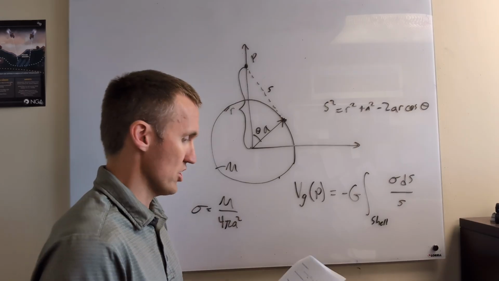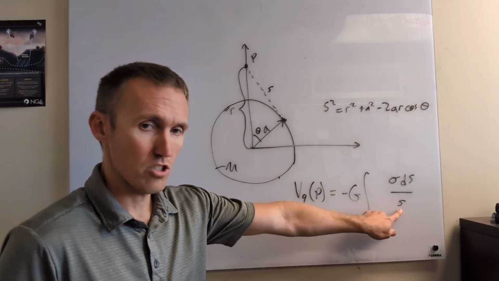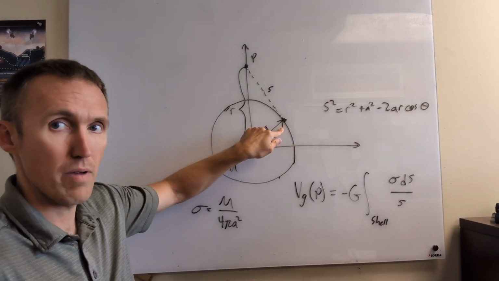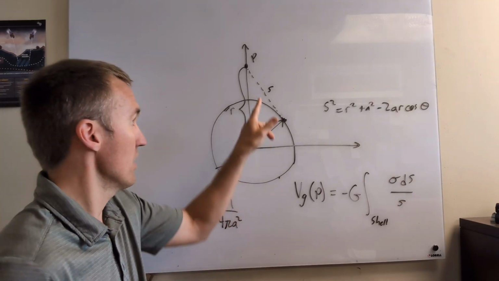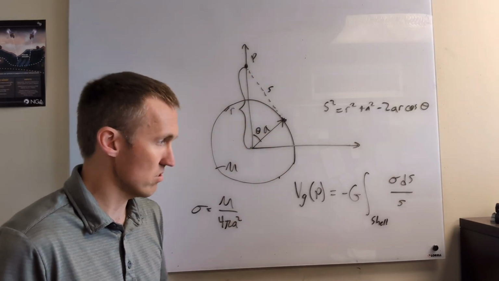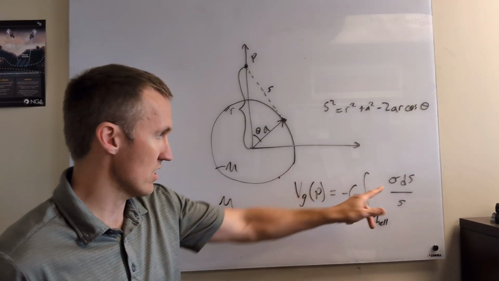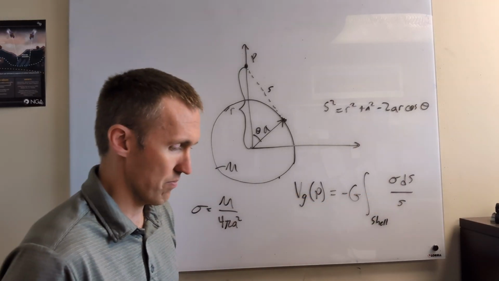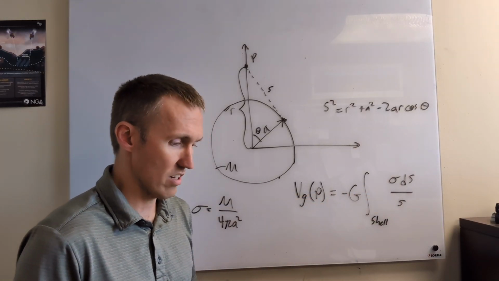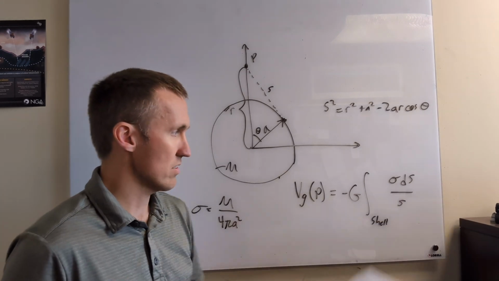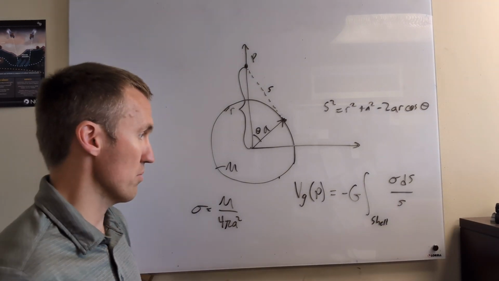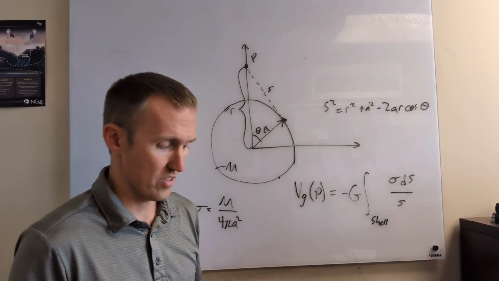Right, so we're going to integrate over the shell. The distance between that little increment of the sphere and the point is going to be s, so that's where our distance comes in. And then our density is going to be sigma, the surface density. And then we have our surface integral increment, so we're integrating over the area of the shell.